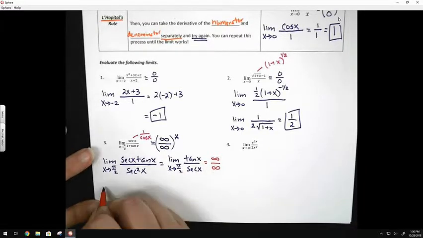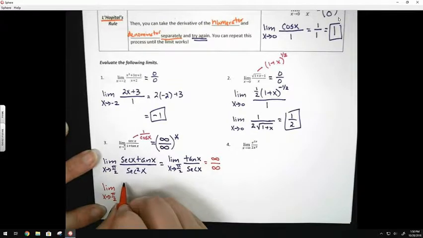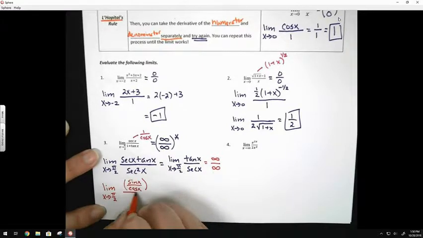So now we're going to look at the limit as x approaches pi over 2. And I'm going to rewrite tangent as sine of x over cosine of x. And I'm going to rewrite secant as 1 over cosine x.